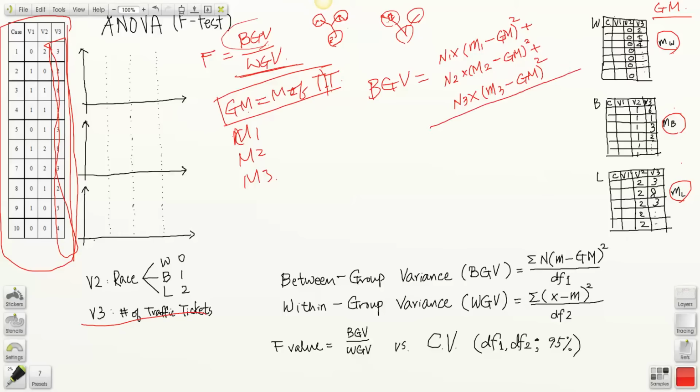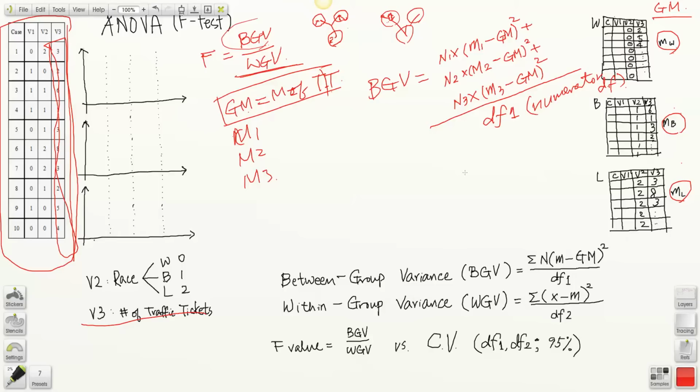Once you're done with summing up all these between group variance terms, you gotta divide it by first degree of freedom, or we call that numerator degree of freedom. So please note that we use both terms for various reasons. First, it can be said first degree of freedom, or second, you can say numerator, because this is going to be the numerator of the f value, numerator degree of freedom.